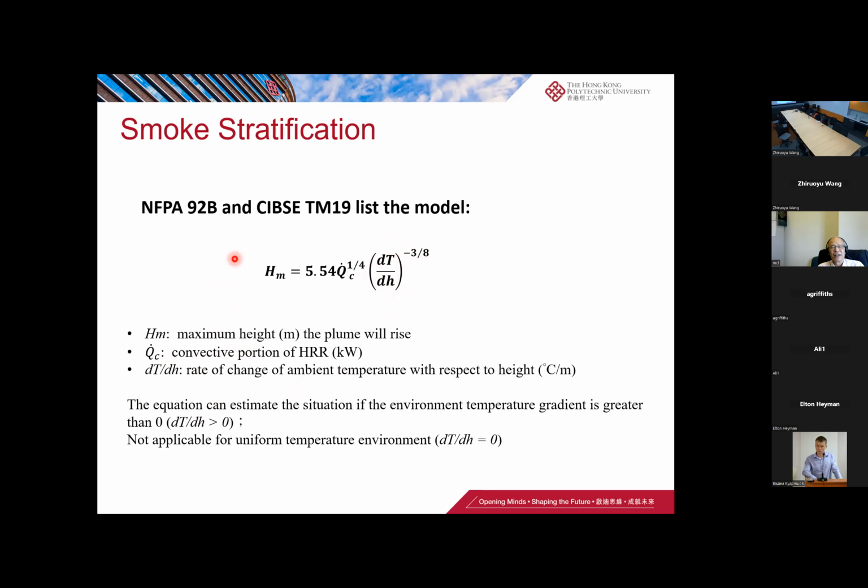of this correlation. Even if the temperature gradient becomes negative, it is even more difficult to get results. So to answer the authorities' queries for the uniform temperature environment, we have to find a way.